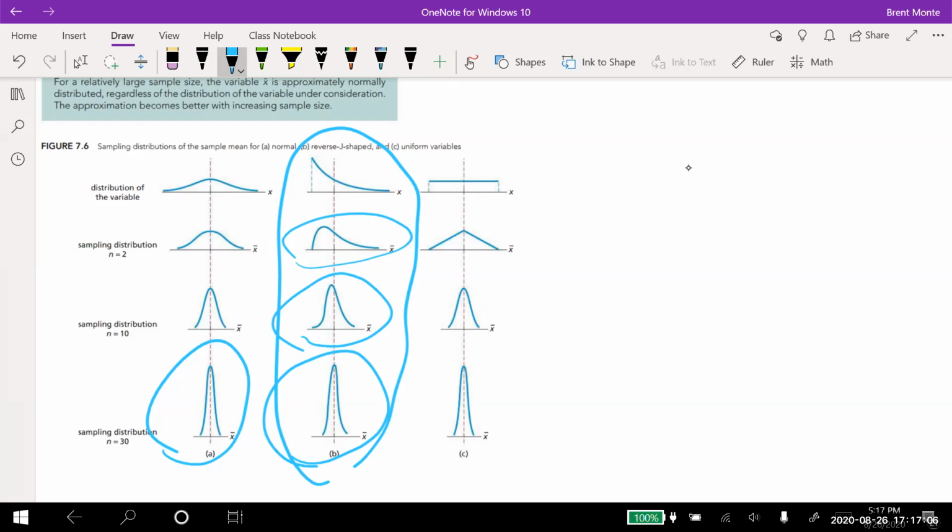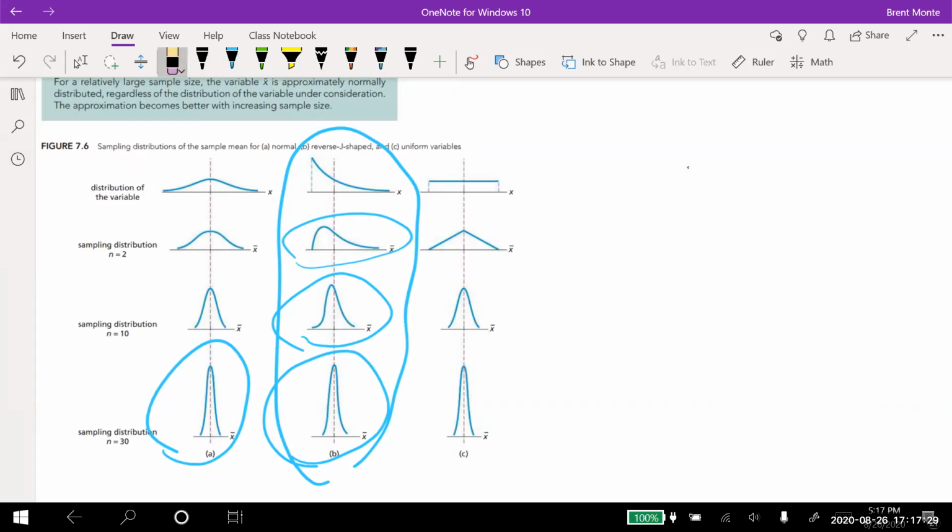What does that mean? That means I can treat it the same way as a normally distributed graph. So if I'm trying to find a z value, or a probability using the z curve or the standard normal curve, I can do it even though this wasn't a normally distributed population, if the sample size is at least 30.